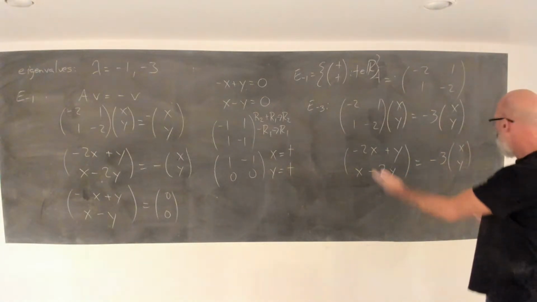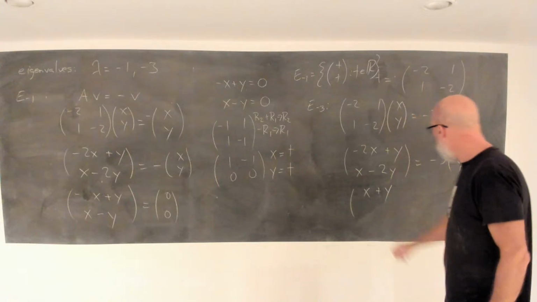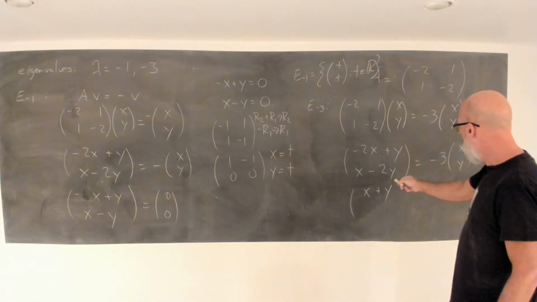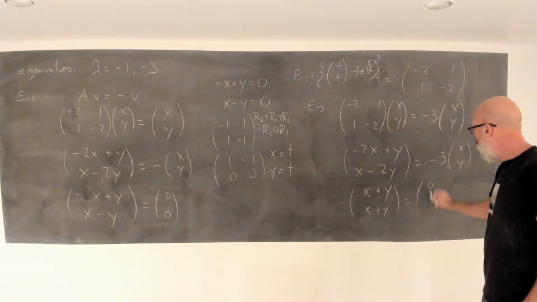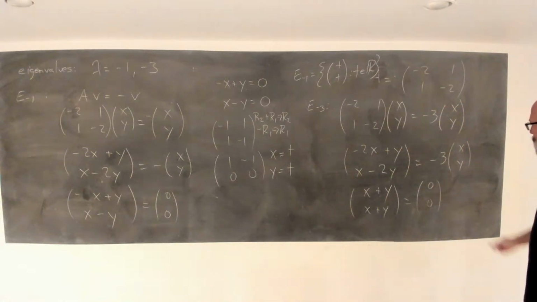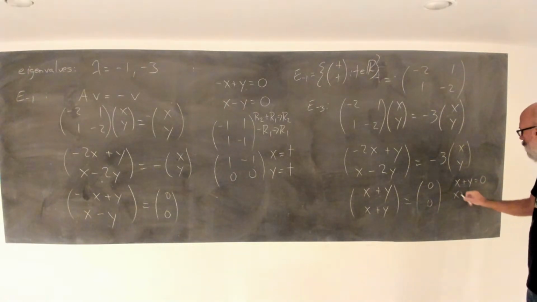And when you bring that over, the minus becomes a plus, and we get x plus y and x plus y. So x plus y equal to 0, x plus y equal to 0.